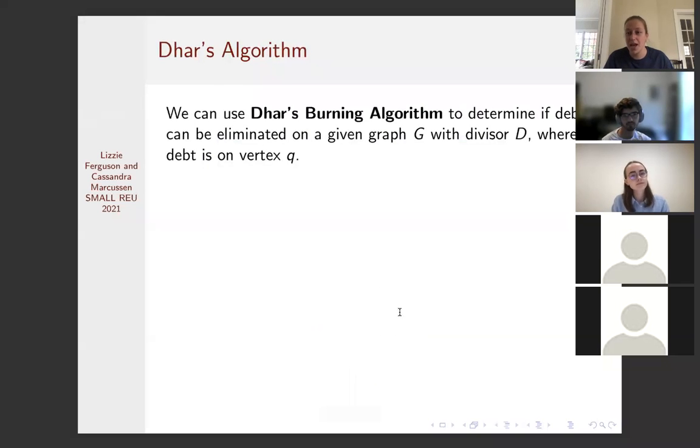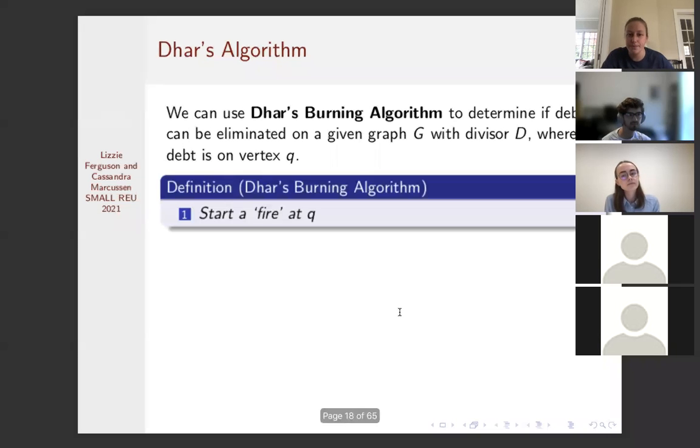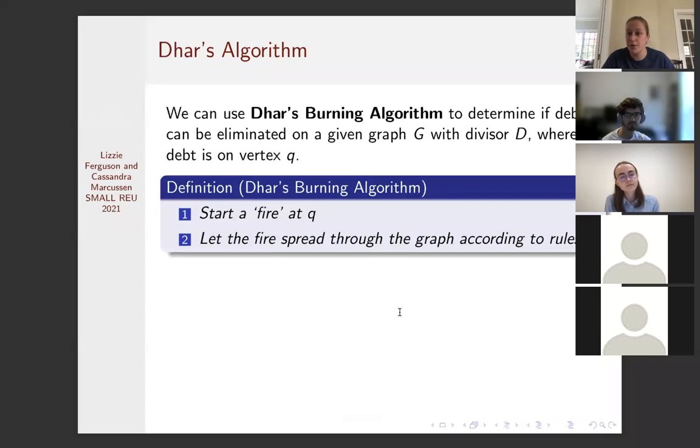And you might be wondering how the heck we figure out which vertices to fire. There's so many possibilities. How do we eliminate debt? And that's why we have Dhar's burning algorithm, which actually gives you a roadmap to winning a gonality game if you can actually win it. And the way that Dhar's works is you start a fire at vertex Q, and Q has debt on it. You let that fire spread through the graph according to rules.